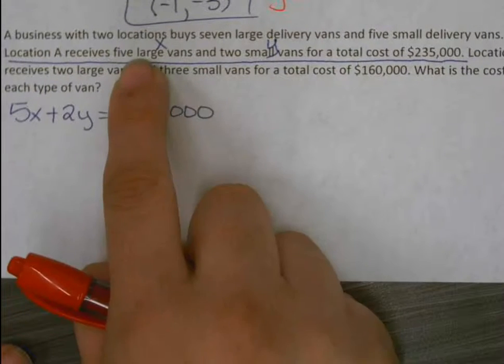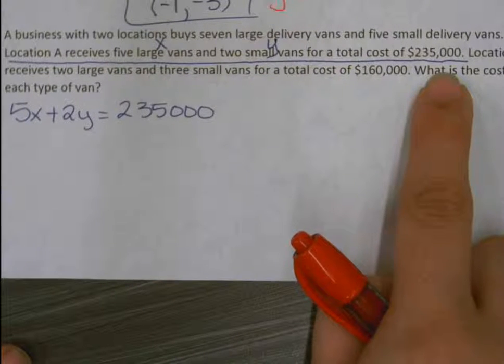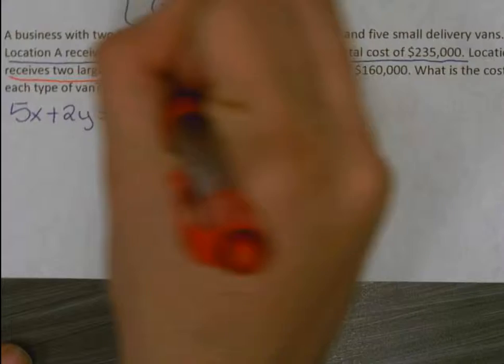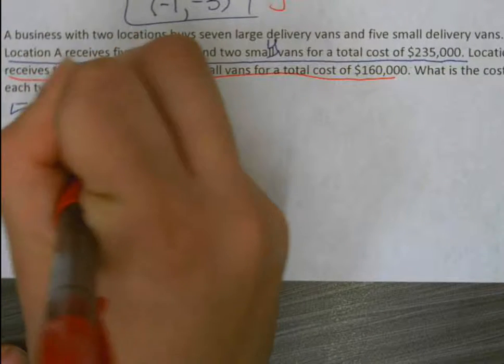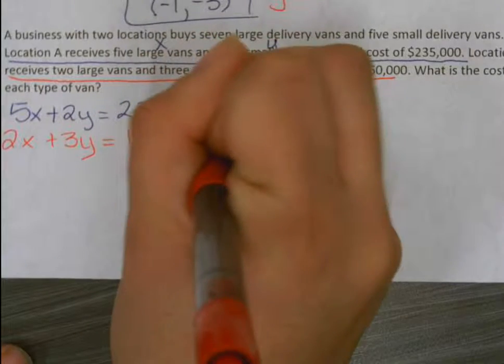Because there's 5 large vans, I just made that x, and then 2 small vans, and it costs 235. And then the second equation comes from the next sentence. They get 2 large vans, so 2x, 3 small vans, and that costs them 160,000.